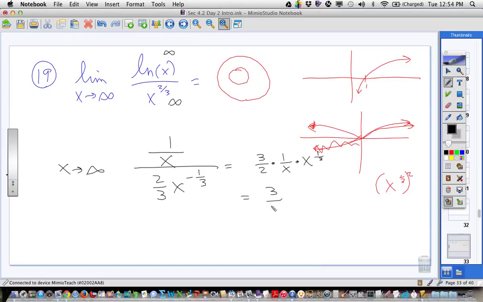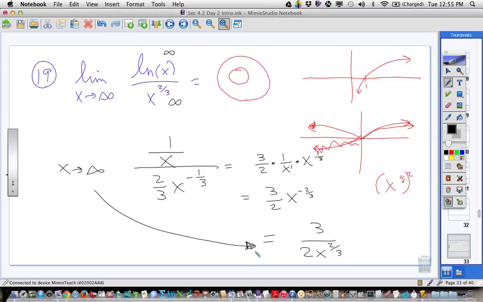That'd be 3/2 and that'd be x to the negative 2/3, right? Because this would be x to the negative 1 times x to the 1/3, so you'd add those powers. So now that negative would flip to the bottom. I think that's what you should do with that, is simplify it.